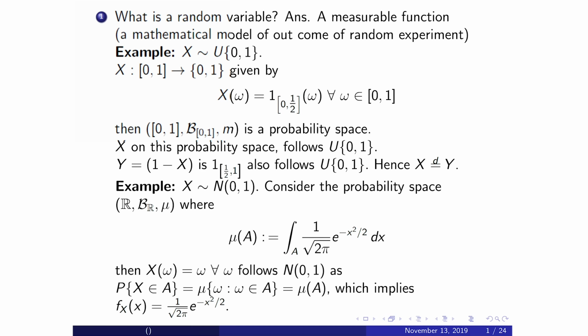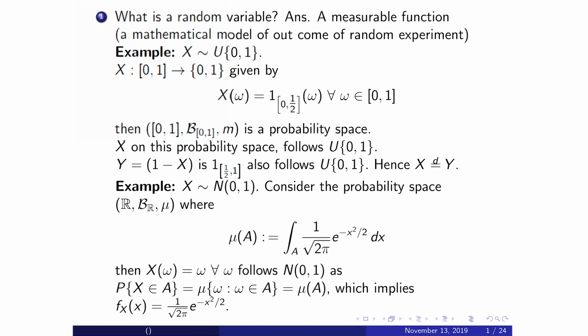But that is nothing but mu of A, which implies that the probability density function of this random variable is this, because mu of A on the right hand side is nothing but this integration. On the left hand side I have the probability that X belongs to A, on the right hand side I have the integration of a function on the set A.